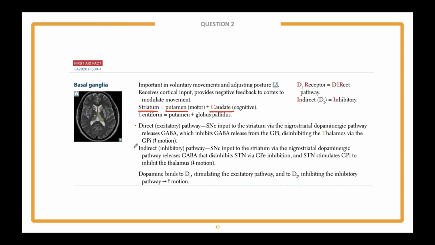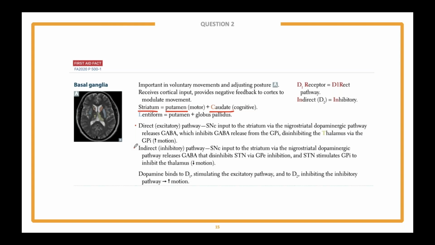The direct pathway, when you stimulate that D1 receptor, that stimulation will result in excitatory modulation of the direct pathway. So that excitatory modulation will facilitate movement directly, hence why we call it the direct pathway.